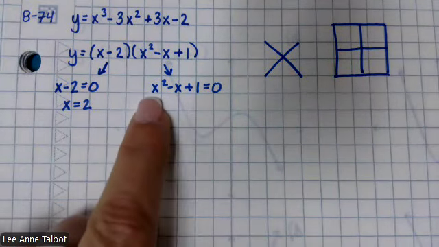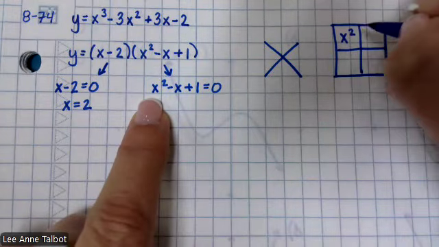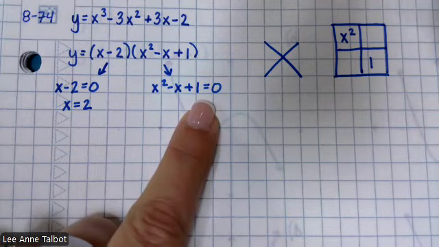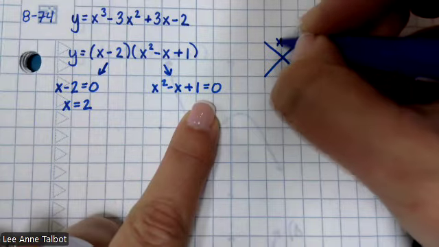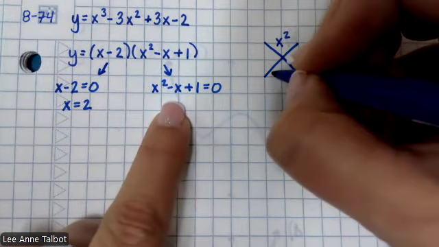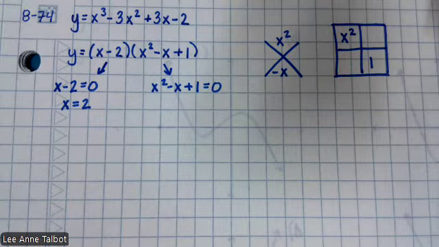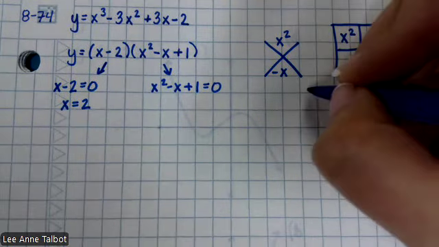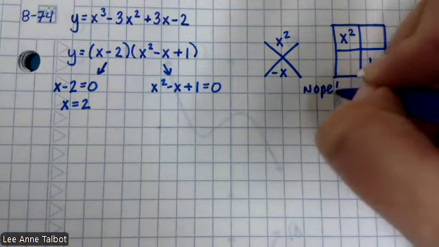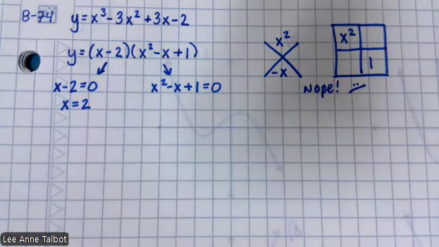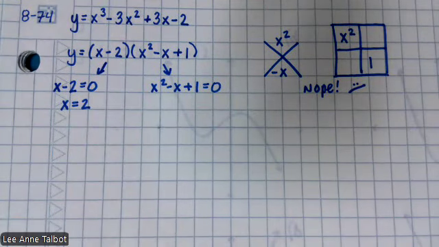Okay, so x squared in the first box, 1, x squared, negative x. Does anything multiply to be x squared and add to be negative x? No. Sad.